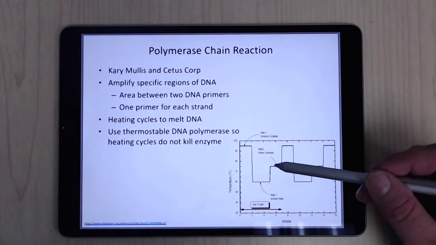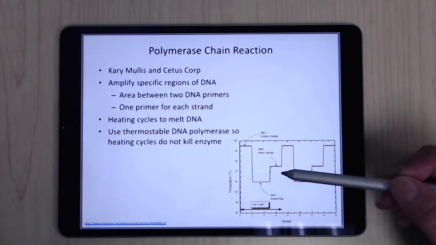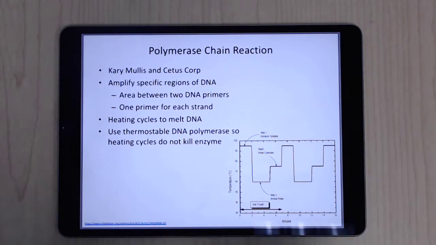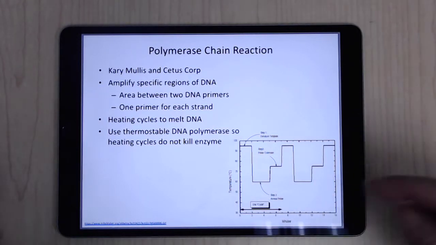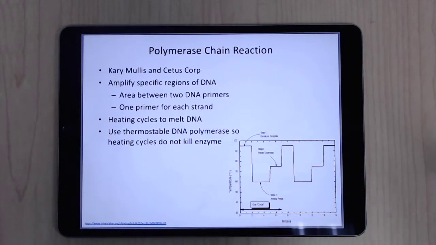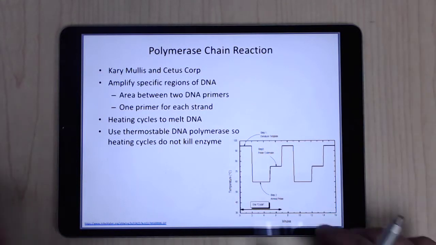The chain extension step is usually around 72 degrees. All you have to do is mix everything together, and now they've got machines that do this heating cycle automatically. You program it, put your tube in, hit go, and then you come back an hour or 2 hours later, and there you go. Your stuff is amplified.